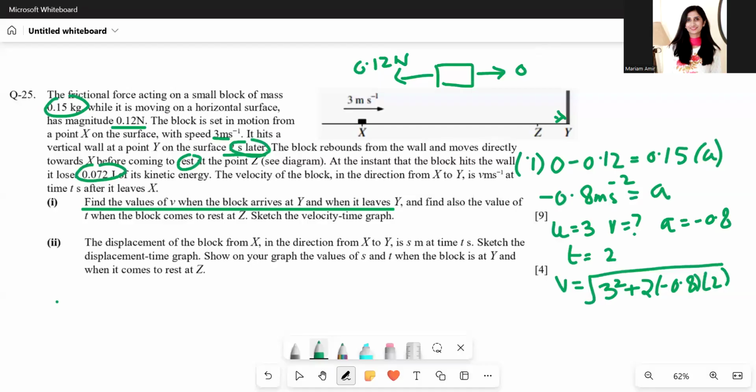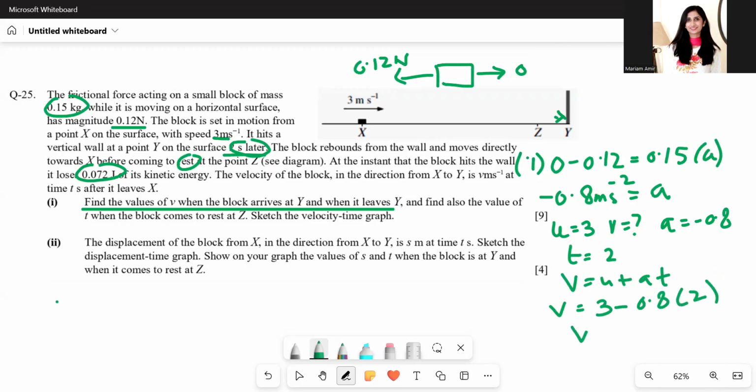Sorry, we can't use this. We need to use V equals U plus AT. So V equals 3 minus 0.8 times 2. So V comes out to be 1.4. This is the speed at Y when the particle reaches Y.